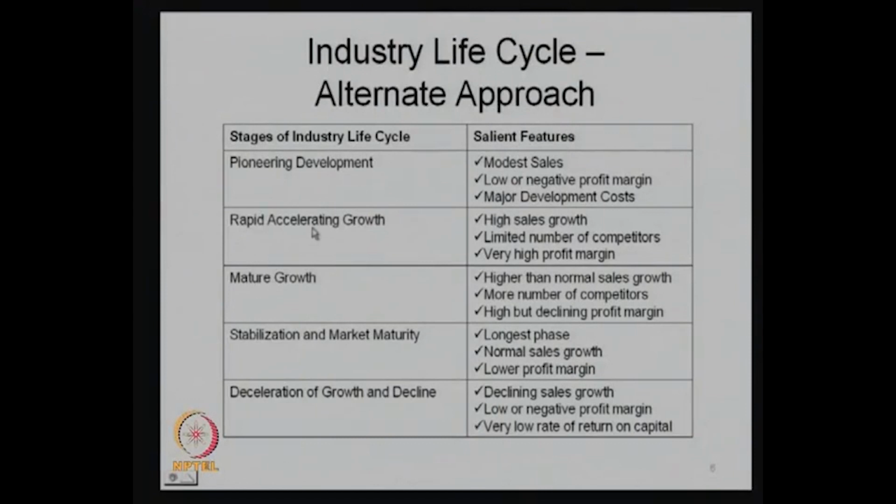That is called rapid accelerating growth: there is very high sales growth, very limited competitors, and very high profit margin, because sales are very high and the cost per unit is much lower compared to the previous phase.